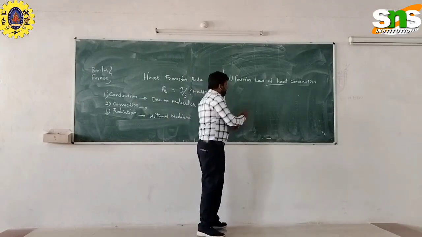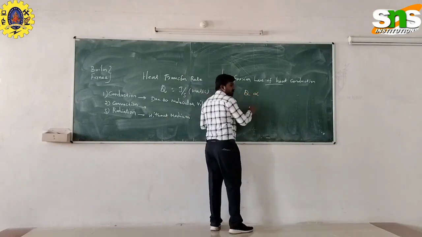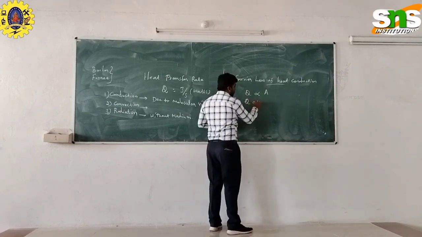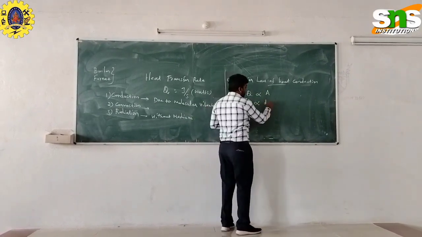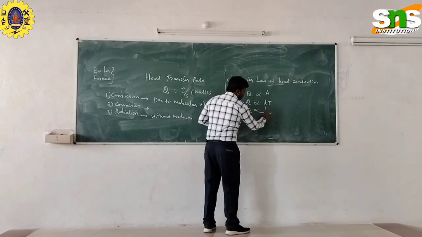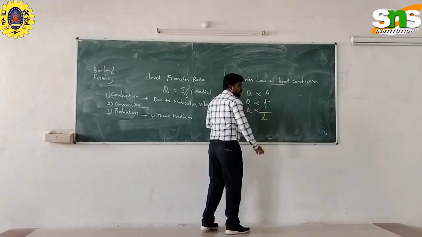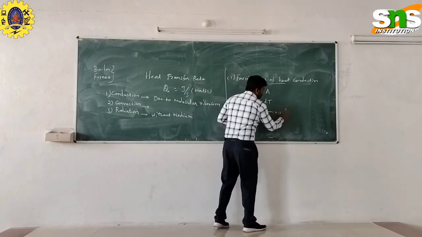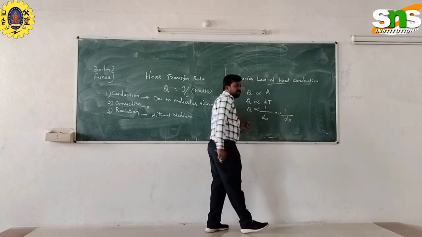In this Fourier law, the heat transfer is directly proportional to the area of the substance. The heat transfer is directly proportional to the change in temperature. The heat transfer is inversely proportional to the length of the substance, or otherwise a small portion of the substance.